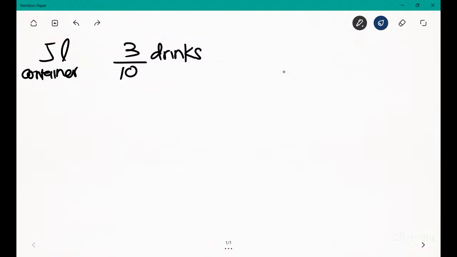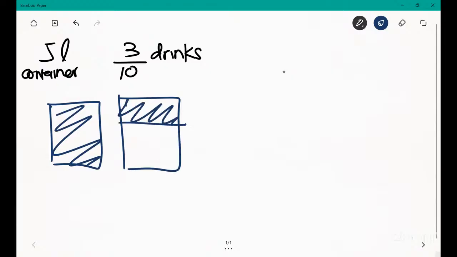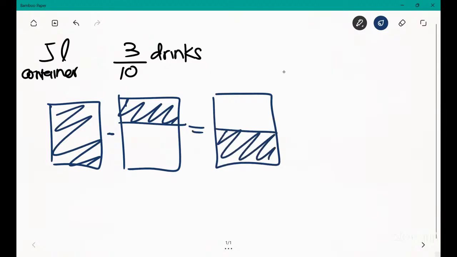So for that, let's say you have a jar and you filled it. Then you took this amount out, and then the remaining amount, you get this. So basically, from the whole amount, you took a certain part out.